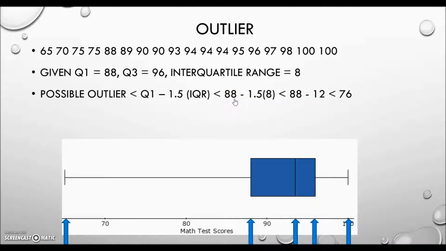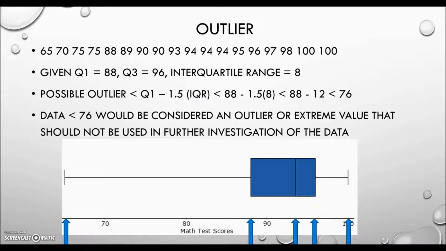Our first quartile value is 88 for this set of data, minus 1.5 times 8, the interquartile range. Multiply first, 1.5 times 8 gives us 12, and subtract that from our first quartile value. The result is 76. Possible outliers will occur if they are less than 76.